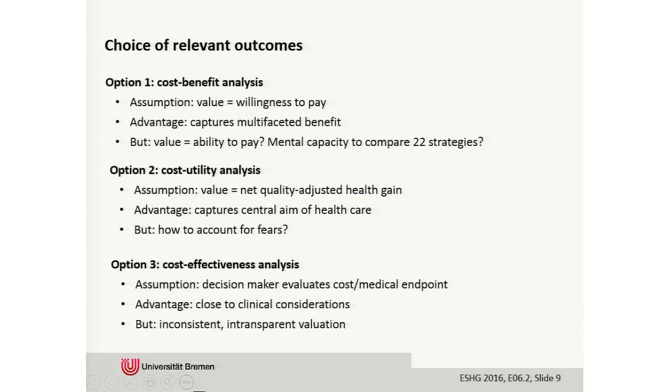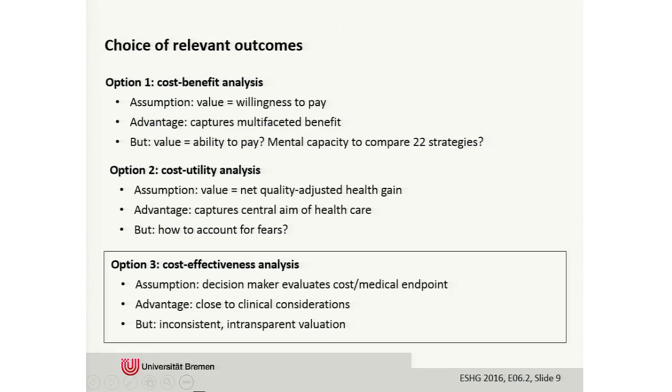It has the advantage that you are closest to clinical considerations. So you measure any kind of health output, and that's what the clinicians also look at. On the other hand, you have the disadvantage that it's typically inconsistent. You have no idea what goes on in the minds of the decision makers. They value different endpoints, potentially inconsistently.